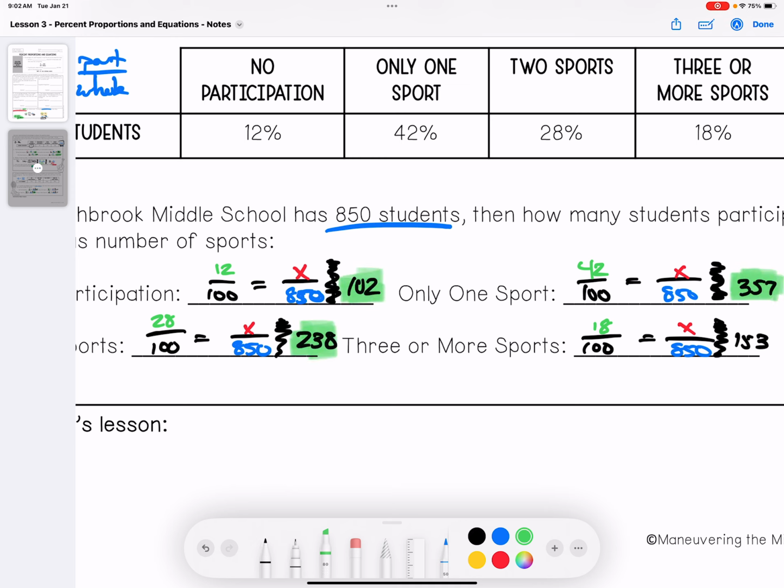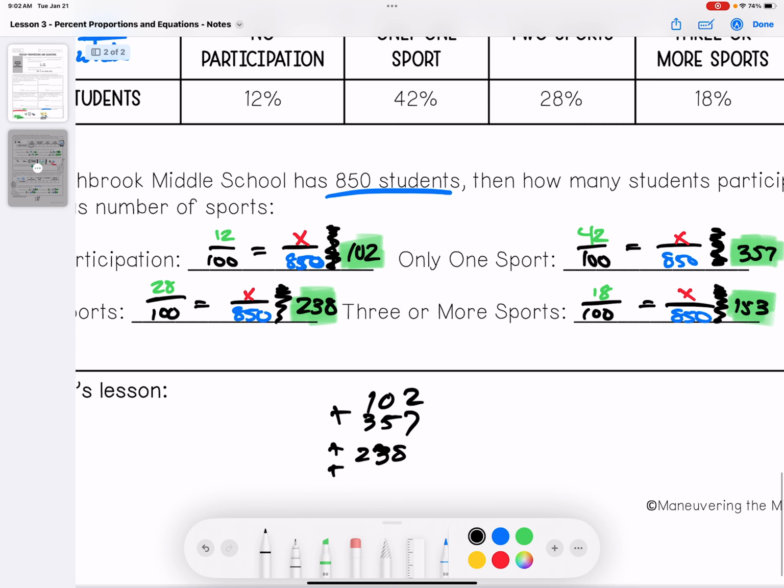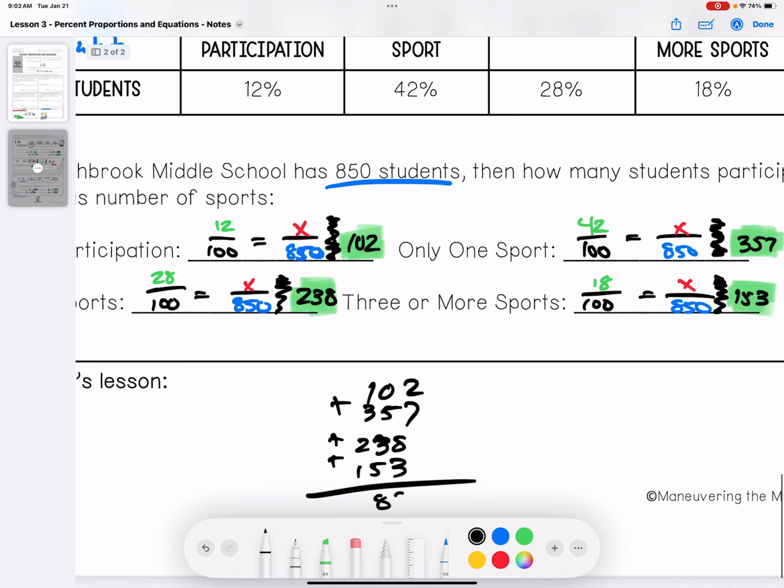Again, how do I know if I got them right? Add them all up and see if they add up to what? 850. So if you go 102 plus 357 plus 238 plus 153, did they add up to 850? Yes, they do. We're good.